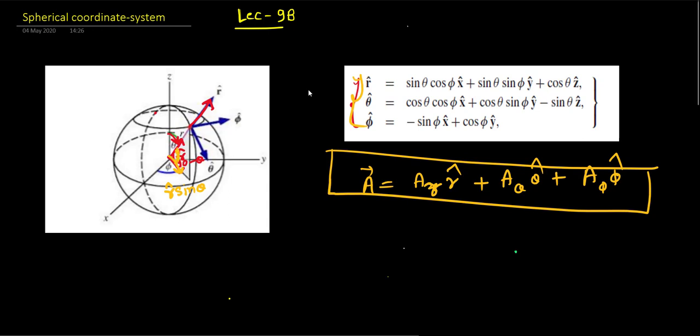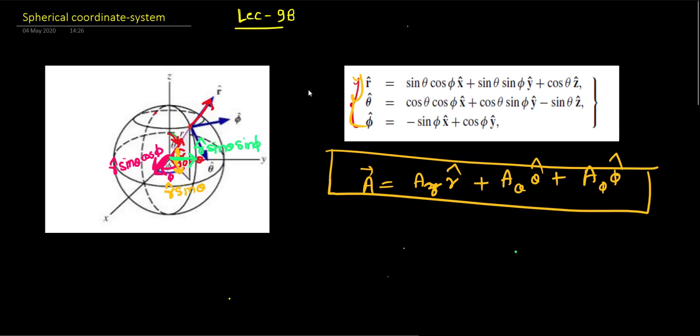Now take the x component and y component. This is our angle phi, so this x component would be simply r cap sine theta cos phi, and the y component would be r cap sine theta sine phi.